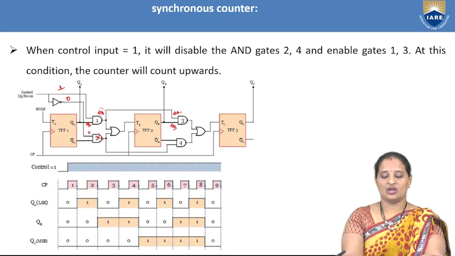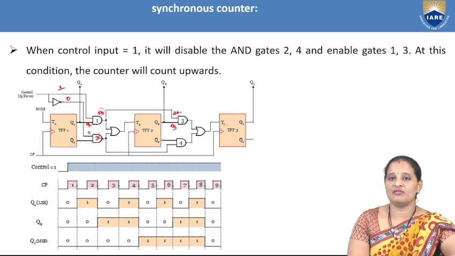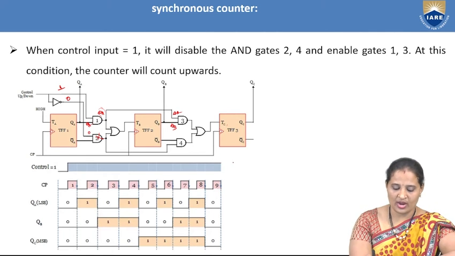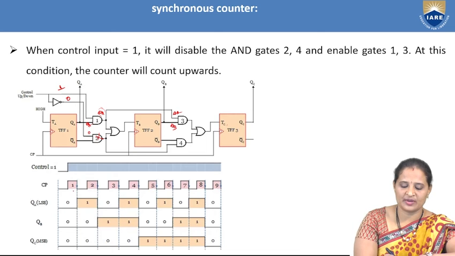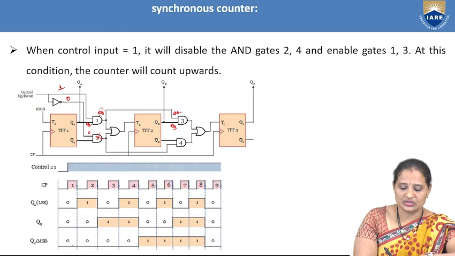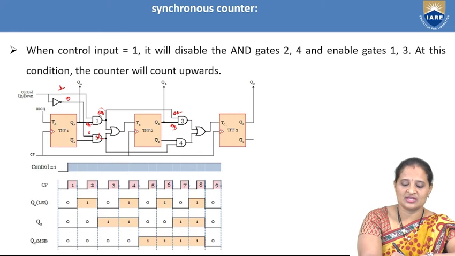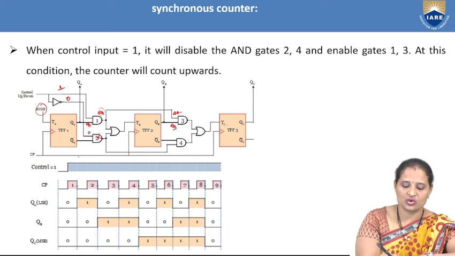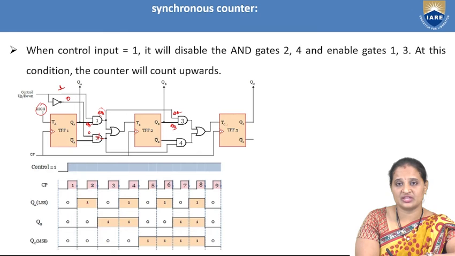So this is the timing diagram of the up counter when the up-down control input is 1. Now what is happening here? Initially, consider QA and QB are 0, 0, 0. Then what happens? As we have connected the toggle input of the first flip-flop as high, it will change its state during the first negative edge of the clock, and hence it will be 1.